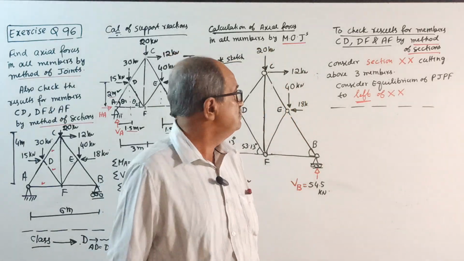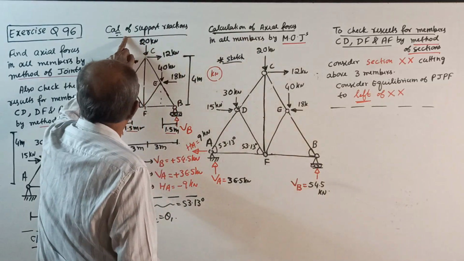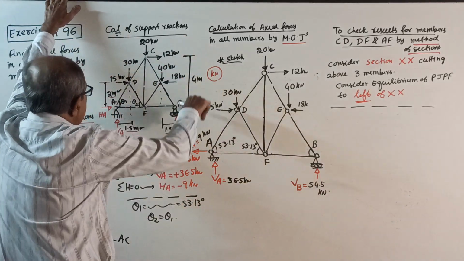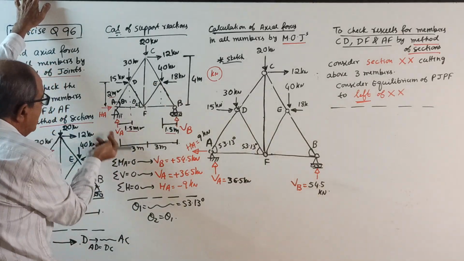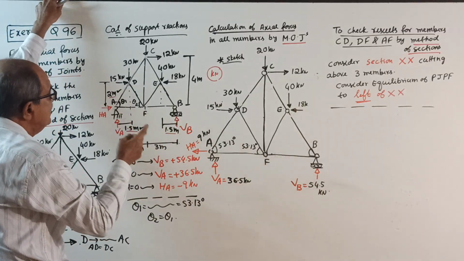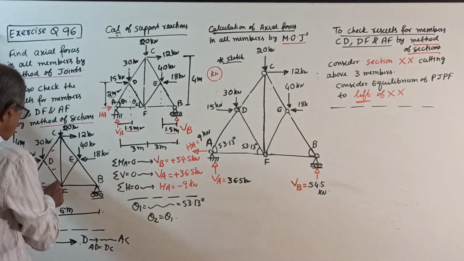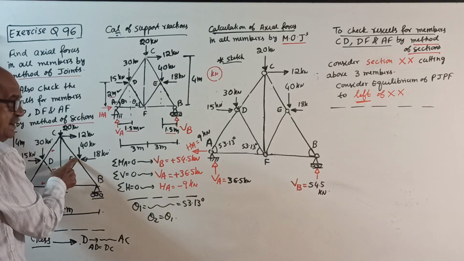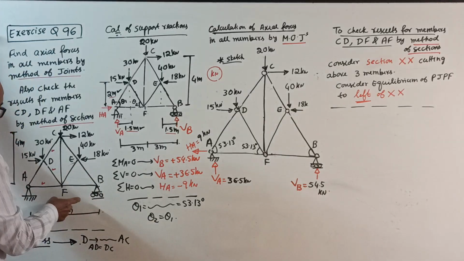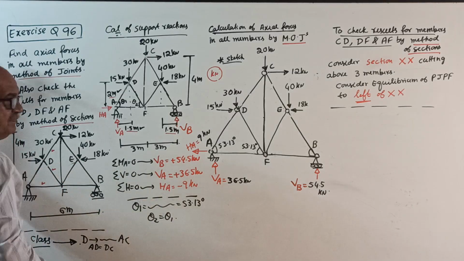Now we will continue. Next step will be calculation of support reactions. Put the neat sketch here. Whatever is given, put the sketch. Mark the reaction. Before you find the support reaction, first of all, this is the same type of question where you join to the midpoint, height given, base given.